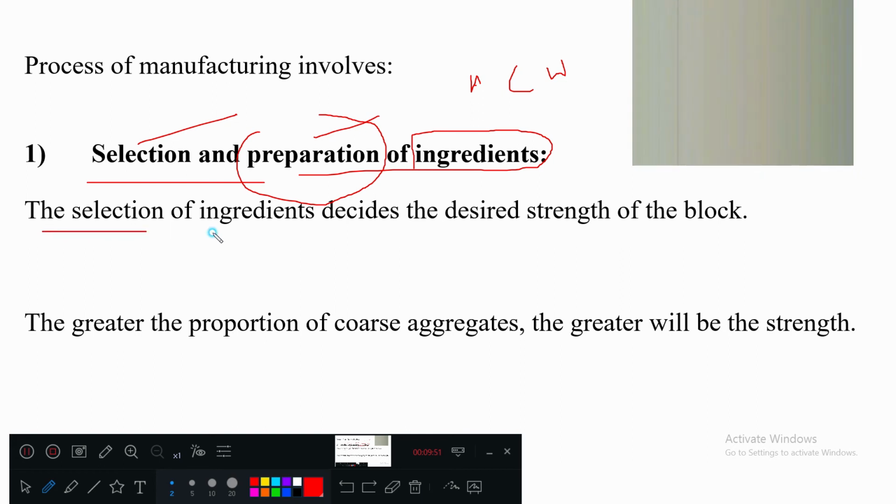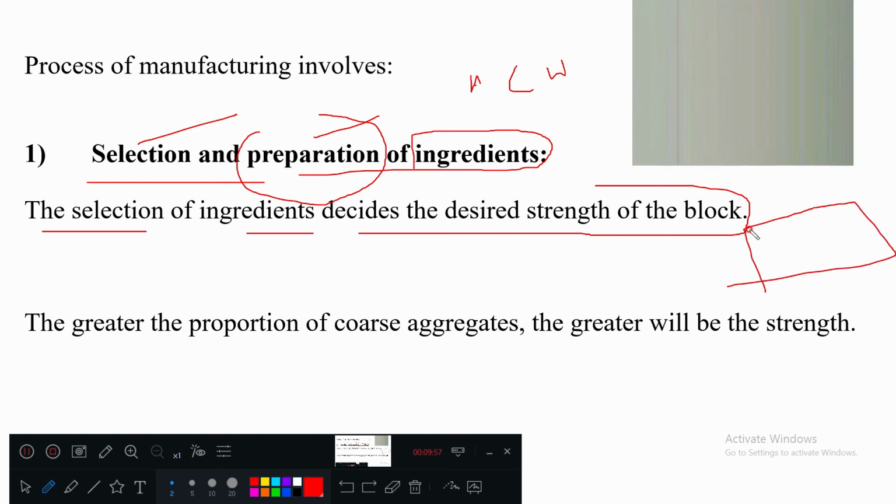The selection of ingredients decides the desired strength of the block. So for the final block you are manufacturing, its strength will depend upon its ingredients. If the cement is of good quality, the block will be good. If the water is of poor quality, the total block quality is going to reduce.